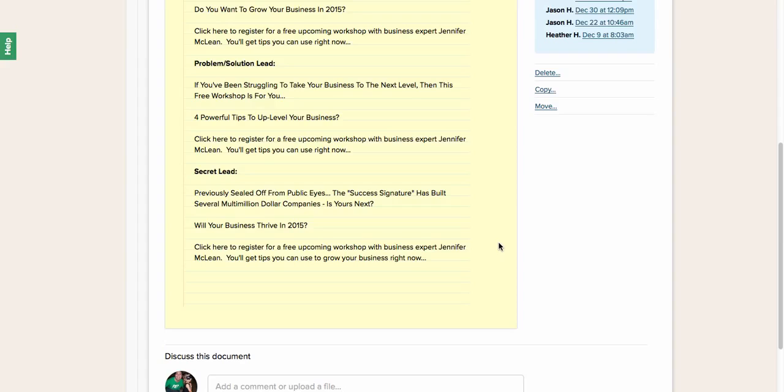Several people have built multi-million-dollar companies by understanding their success signature, cultivating it, and then conveying it to their audience in a way that allows them to be unique and provide massive benefit.